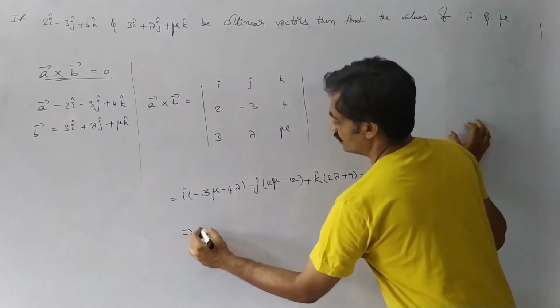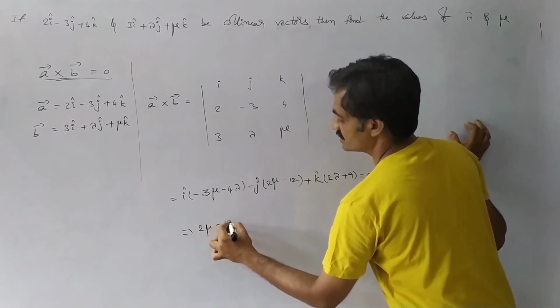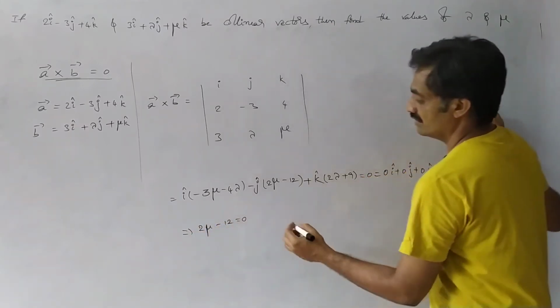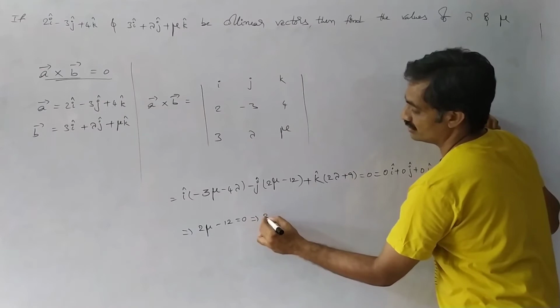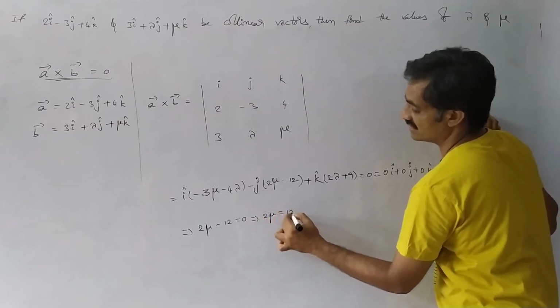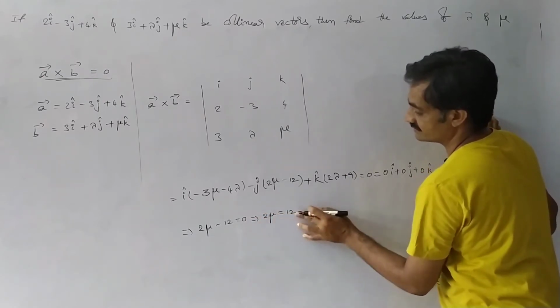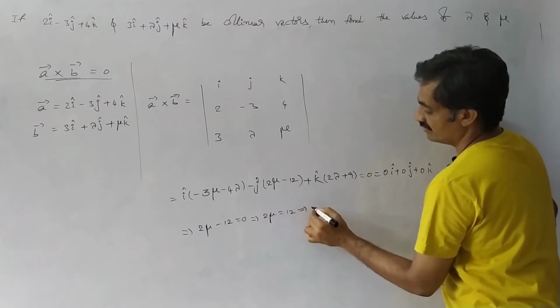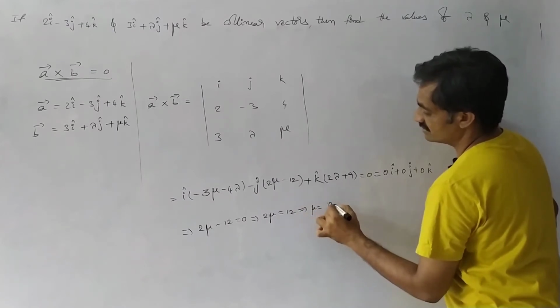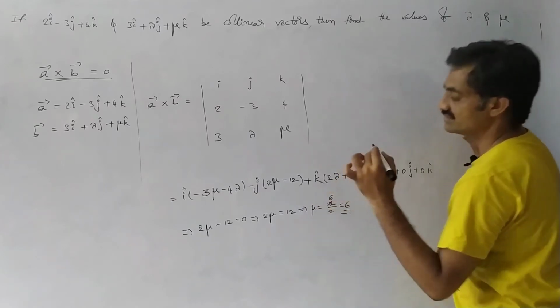Here we have 2 mu minus 12 equals 0. From this, 2 mu equals 12, that implies mu equals 12 by 2, which is 6. So we get mu equals 6.